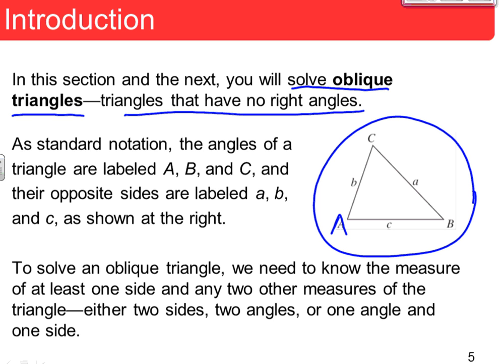So for instance, if we call that capital A as angle A, then side a is the side that is directly opposite that. And so to solve an oblique triangle, you need to know at least one side and any two other measures of the triangle, either two sides, two angles, or an angle and a side.